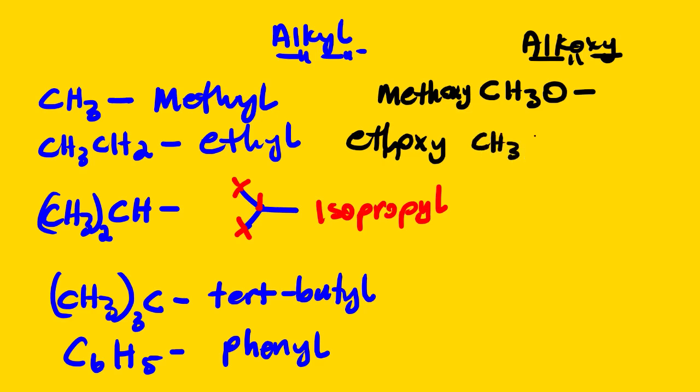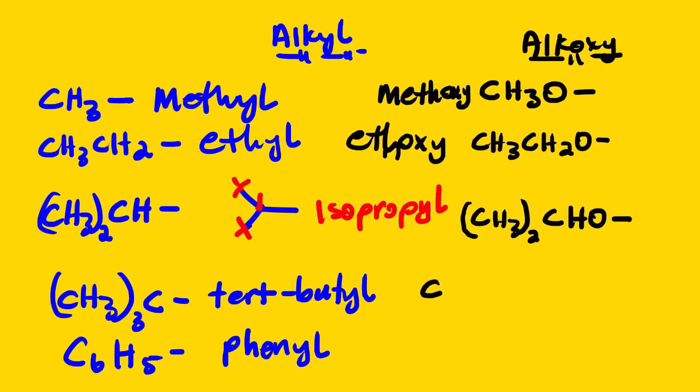And then for ethoxy, we have CH3CH2 and oxygen. For the isopropyl, we have isopropoxy, which will be (CH3)2CHO, and attachment. And then for tert-butyl, we have tert-butoxy, which will be (CH3)3CO.